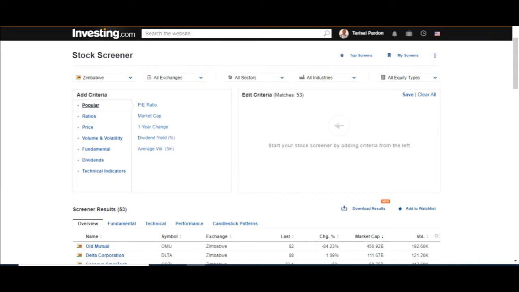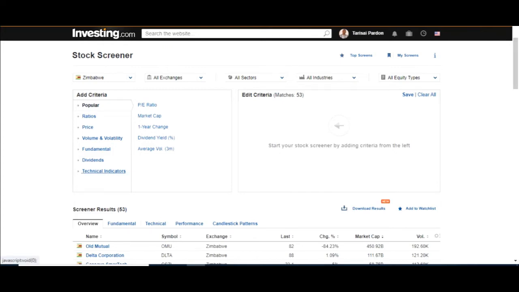On the criteria, add criteria tab, you would see that we have popular variables such as the price earnings ratio, the market cap, and other additional variables. But for the Zimbabwe Stock Exchange, the main criteria that I have seen to be working is the technical indicators.